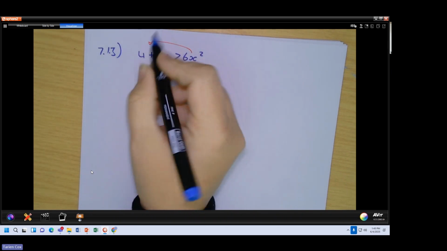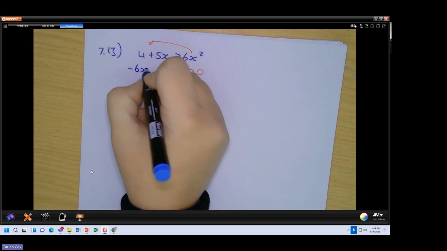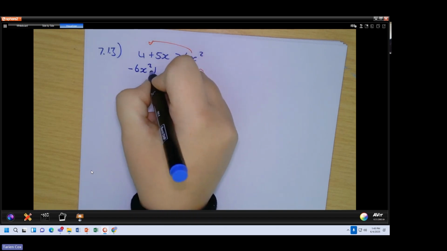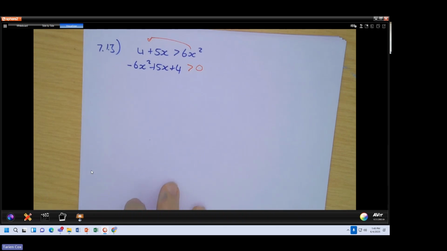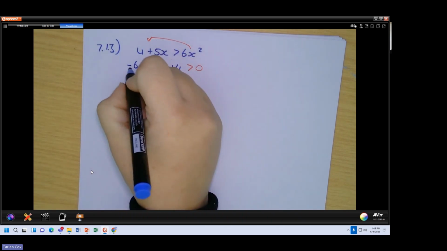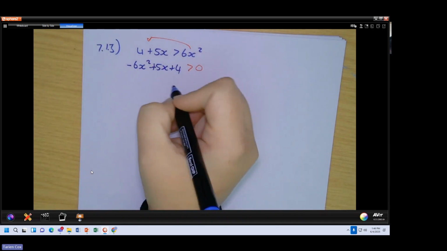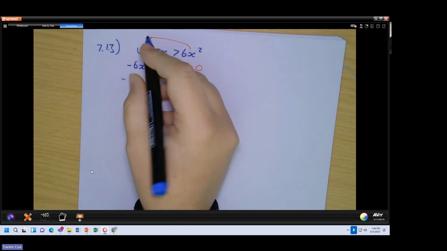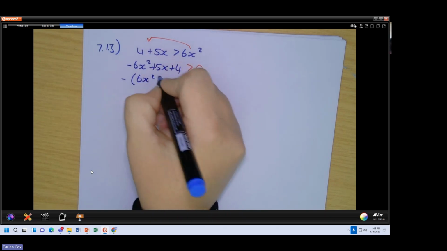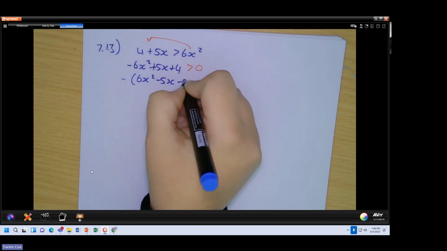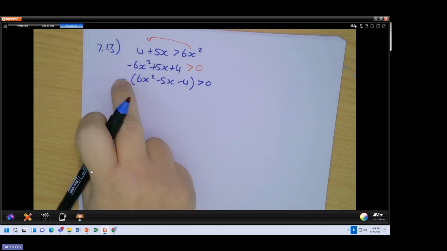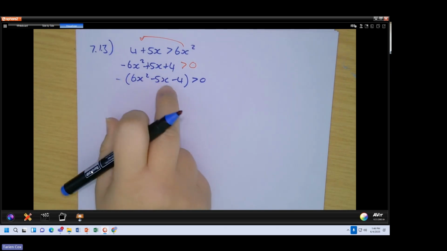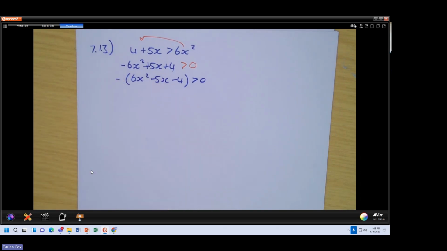So if we put it in the right order, actually not standard form yet, plus 5x plus 4. Now I want to put it in standard form, which means I need to get rid of that negative. Once I do that, I take out a negative, which gives me 6x squared minus 5x minus 4. But I want to now get rid of this negative because I can't try and factorize with that negative stuck there.